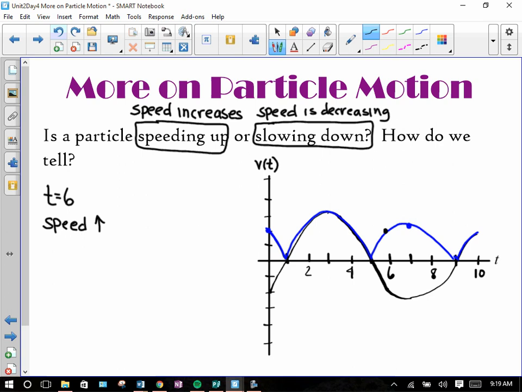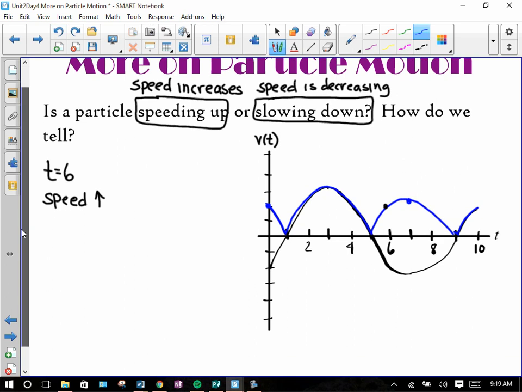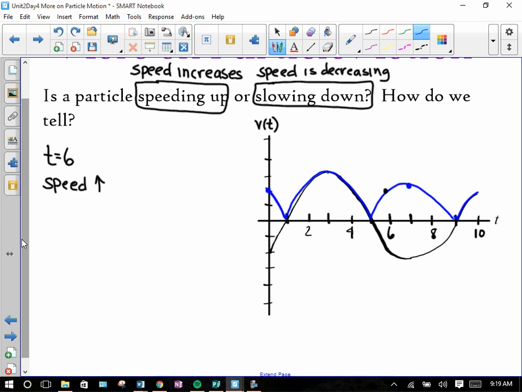All right. So let me ask you guys some questions. Let's do this. So t equals 6. Next question, let's look at t equals 4. At t equals 4, is the speed decreasing or increasing?